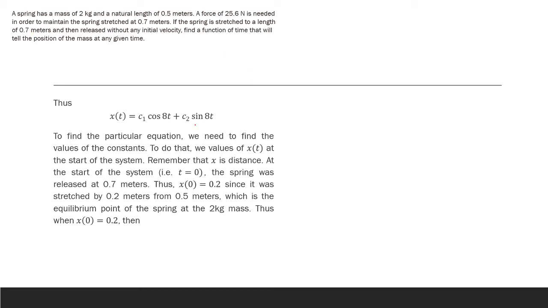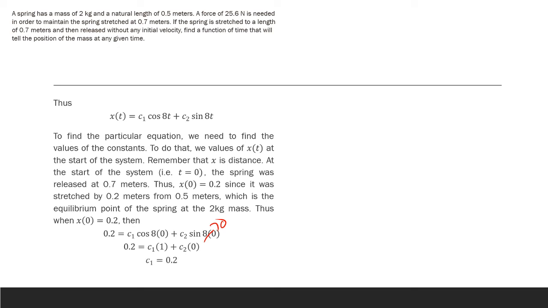If your equilibrium position is 0.5, meron na agad siyang displacement na 0.2 at the start of your system. So thus, we have this initial condition, x of 0 is equal to 0.2. Substituting that, we'll have 0.2 is equal to C1 cosine 8 times 0 plus C2 sine 8 times 0. So this is equal to 0 na. We will arrive at C1 is equal to 0.2.